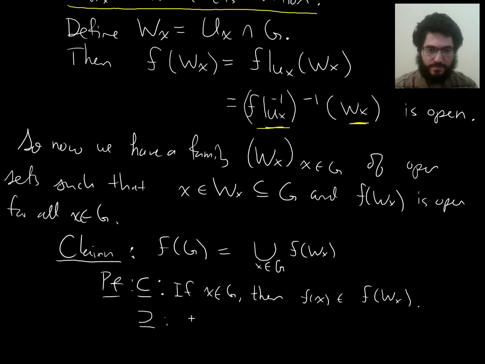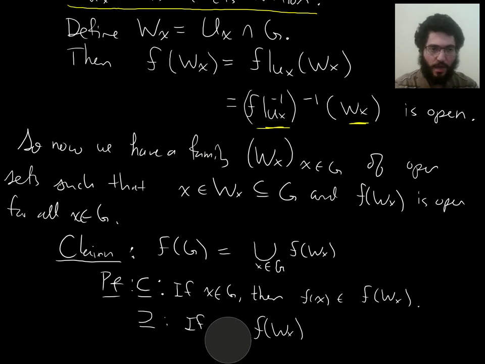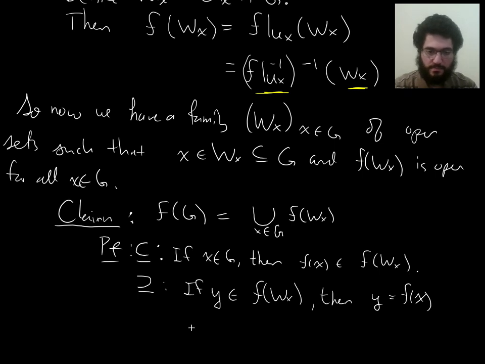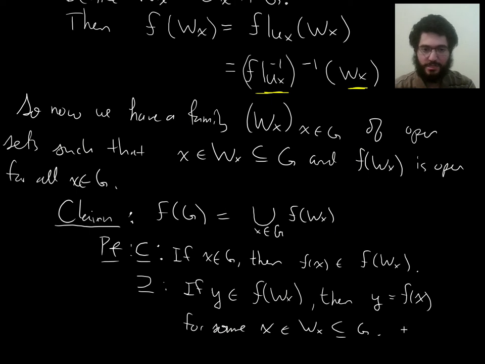And for this inclusion, if y is in any one of these, then y is f of something where the something, the x, is in W sub x, but that's a subset of G. So y is f of something in G. So that's it for that claim.